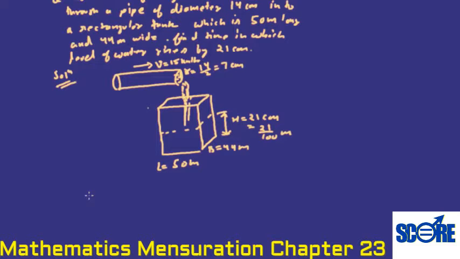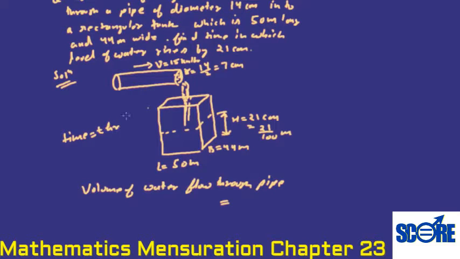First of all, we have to find the volume of water flowing through the pipe. Let's say the water flows through this pipe for t hours.